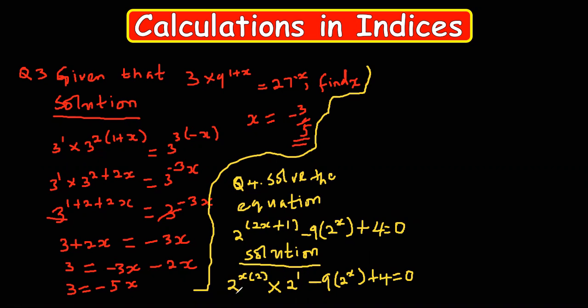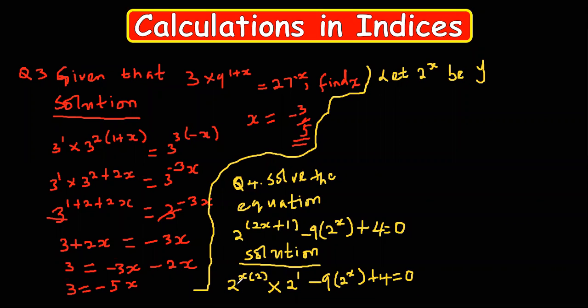So let's do 2 to the power of x as y. Now what you're going to do here is replace this 2 to the power of x with y. Wherever you see 2 to the power of x, you replace it with y.